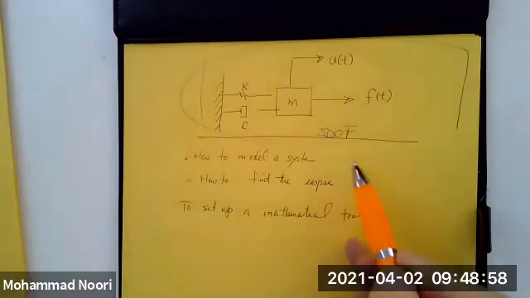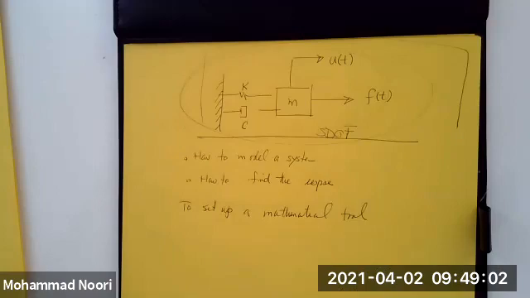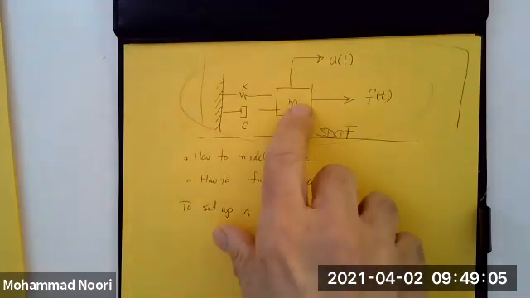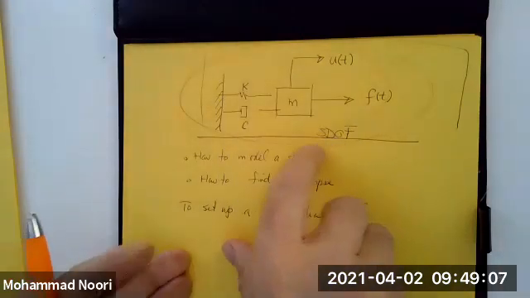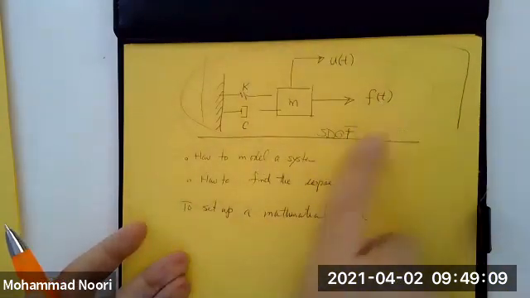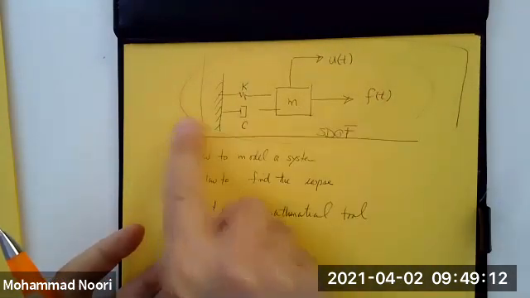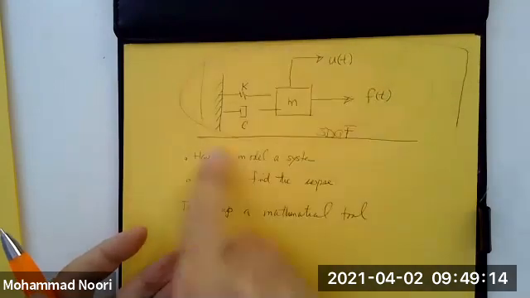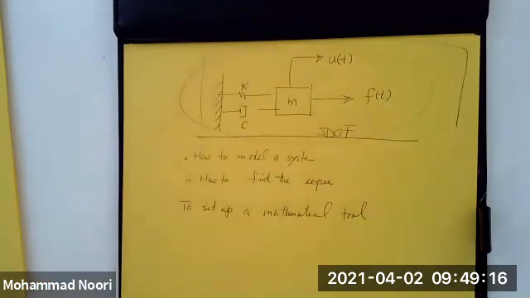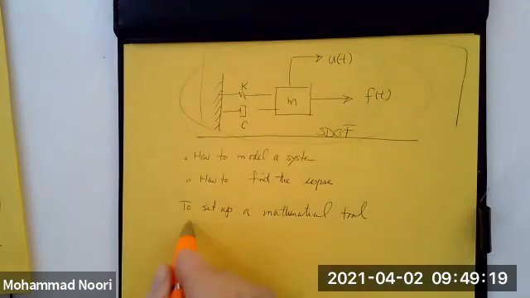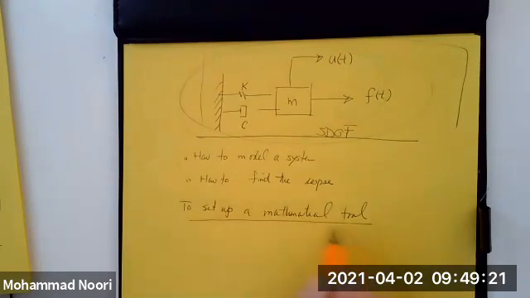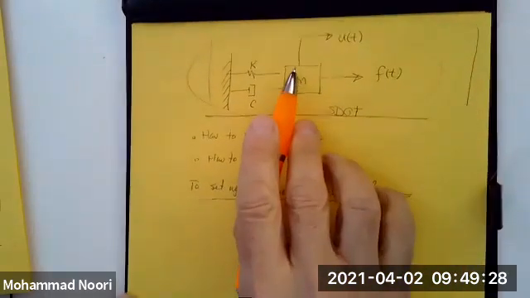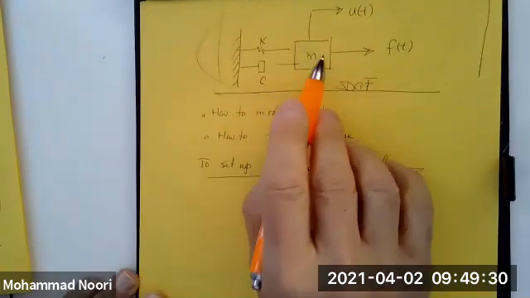But given that any structure can be fully described by these three components, I claim this is every structure in the world. Now, how am I going to study every structure in the world? By developing the right mathematical tool. This mathematical tool can be developed by setting up the free body diagram of this vibratory system.